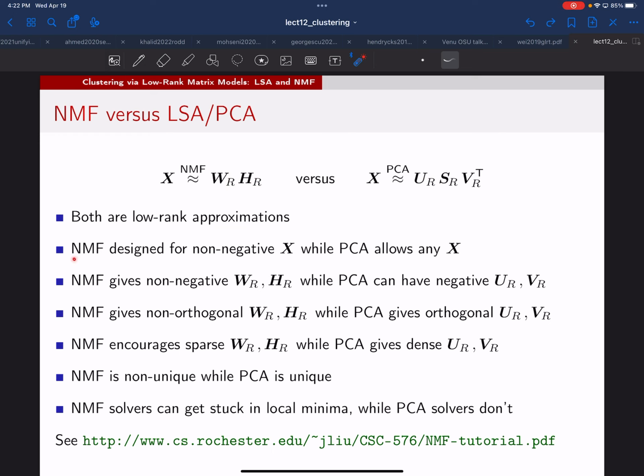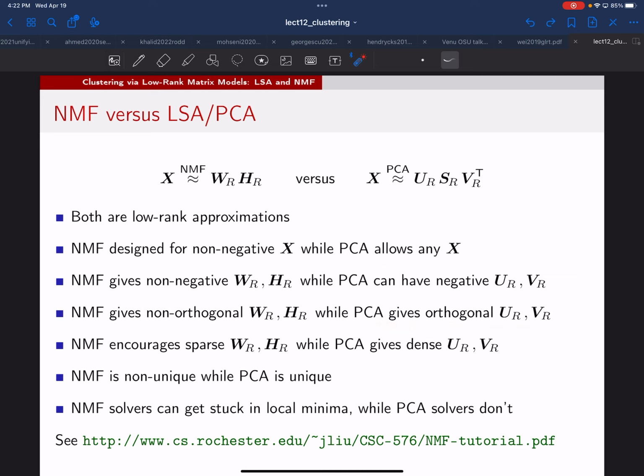Now the difference is NMF is designed for non-negative X. In fact, if X has negative values, this whole thing doesn't really make sense. Whereas PCA allows any X. Non-negative matrix factorization gives you non-negative matrix factors, while PCA can have negative values in U and V. Also, NMF will give you non-orthogonal columns and rows here, whereas PCA gives you orthogonal ones.